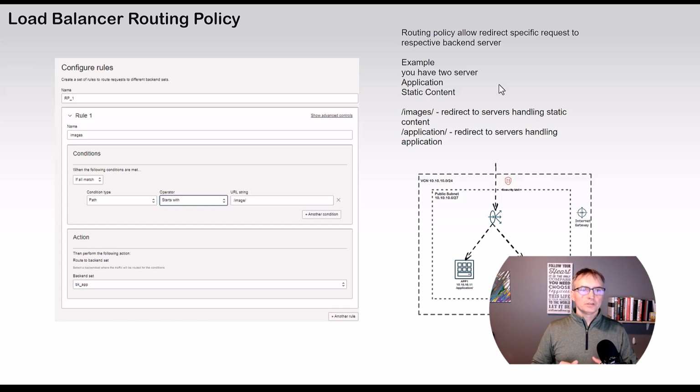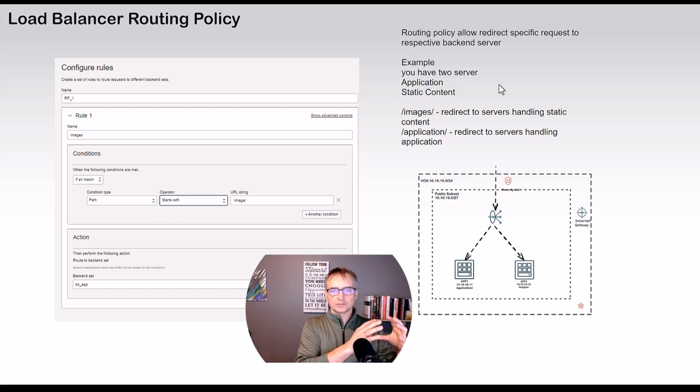The next section is the load balancer routing policy. The routing policy allows you to create groups of backend servers to which you're going to route the traffic based on the request. For example, let's imagine that you have servers handling the application, which could be two servers handling a Java application.